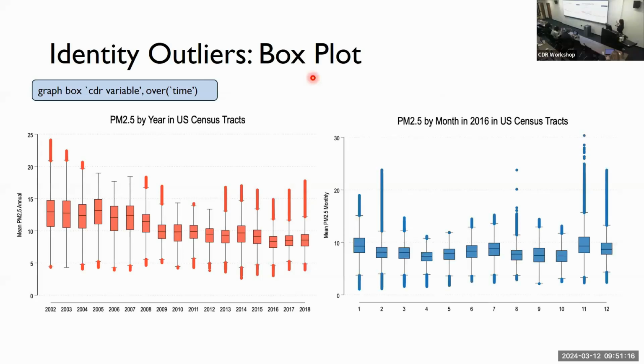Another box plot now shows the monthly variation of PM2.5 in 2016 in the US using the US Census tracts. You can see that there is some variation, right? In general, there are huge outlier values, particularly in the winter season: January, February, November, and December.